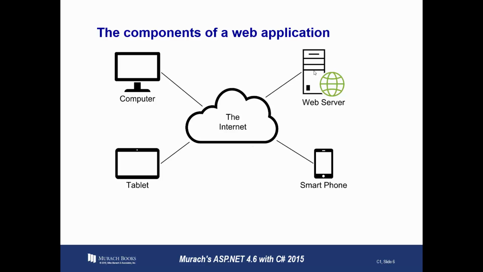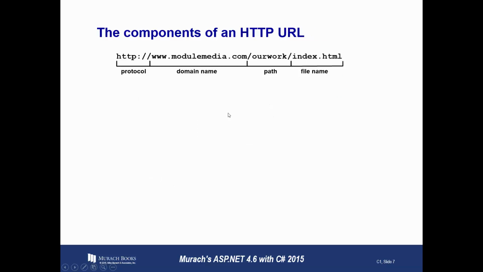That web server may be able to handle the request itself, or it may have to pass that request on to yet another server to do some work. So it can come back to that web server so that it can go back through the internet and go back either to the user's smartphone, tablet, or laptop, desktop computer.